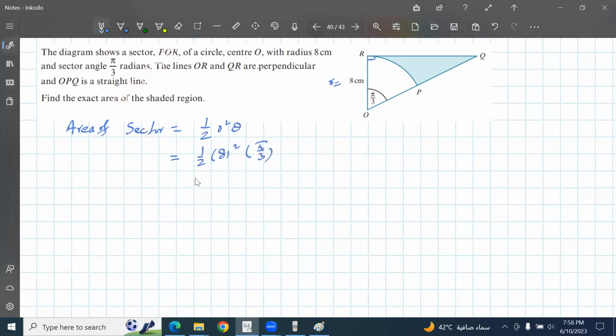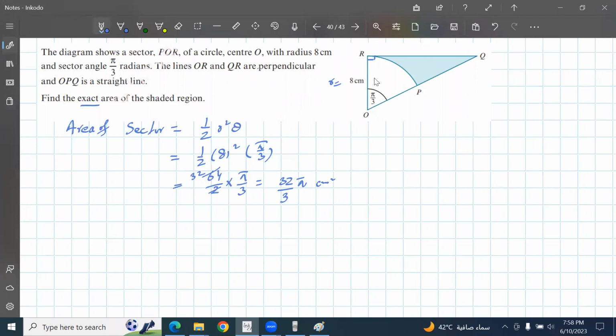I'm not using the value of pi because we are looking for exact area. So 8 multiplied by 8 gives us 64, divided by 2 multiplied by pi over 3, which gives me 32 over 3 pi. This is the area of the sector, in centimeter squared.